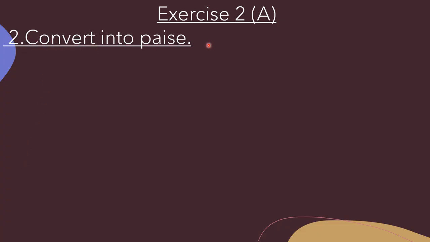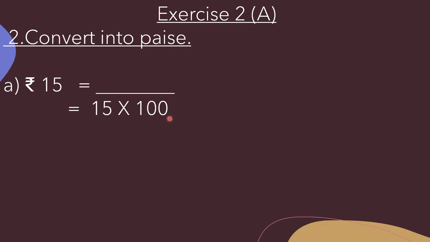Now beta, exercise 2A. Here it is given in question number 2, convert into paise. So here in A part, rupees 15 is equal to dash. So here we need to convert rupees 15 into paise. So we know that in 1 rupee there are 100 paise. That's why we will multiply 15 by 100 to make it paise. So that is 15 multiplied by 100.